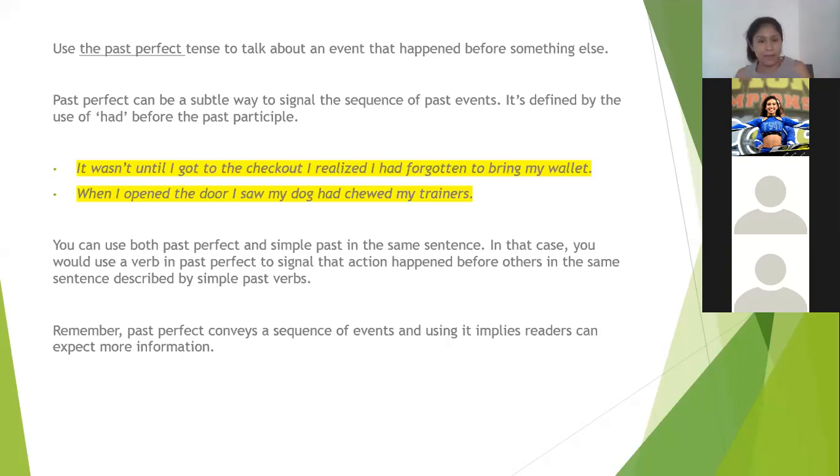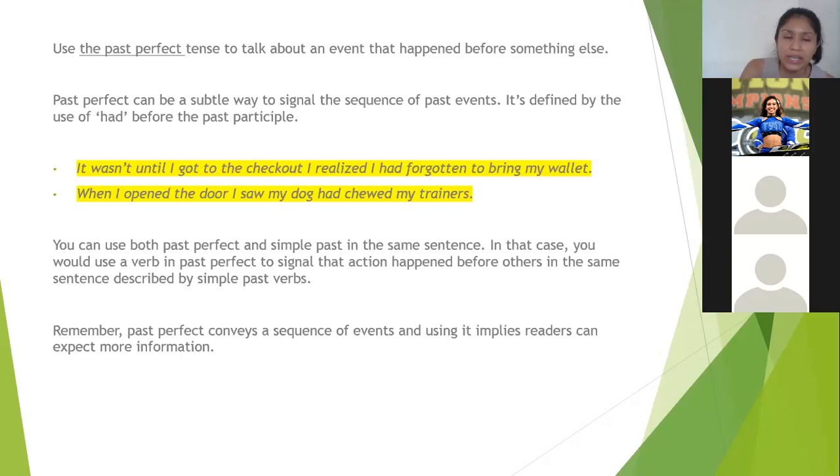For example, another example. When I opened the door, I saw my dog had my trainers. So what happened first? I have to identify it. I opened the door. What happened next? I saw my dog. So it is a sequence. So the past perfect is going to be the last thing that happened in that sequence.